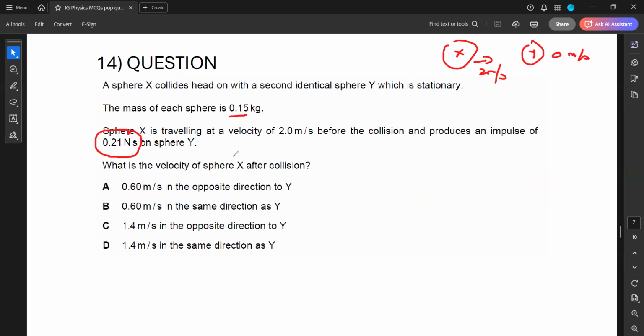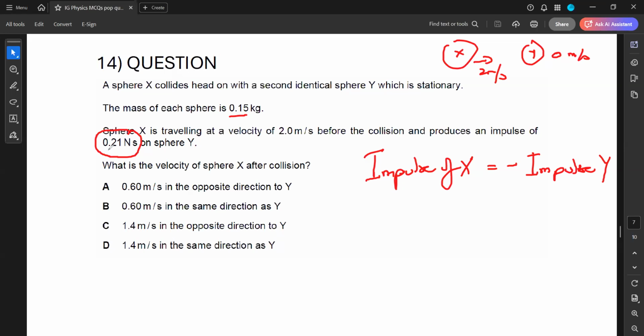So when objects are colliding, it means the impulse of X is equal to the negative of the impulse of Y. They will have the same value of impulse, but negative.